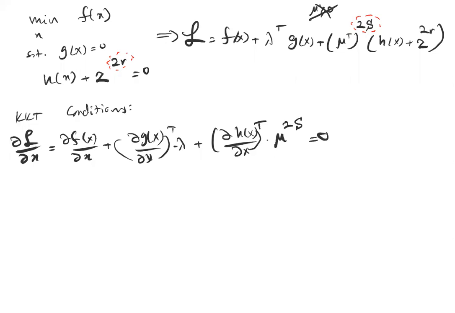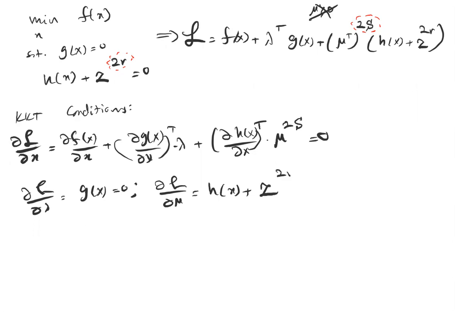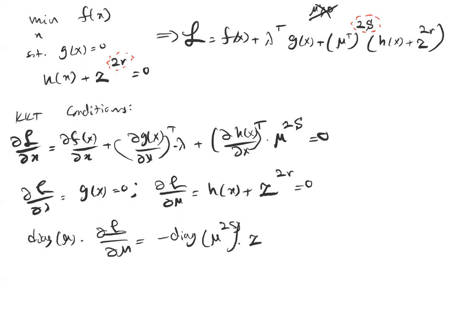Get rid of the positivity constraints for mu. Then, with respect to lambda, which is our equality constraint, with respect to mu, we have h of x plus z to power 2r equals 0, and then diagonal mu multiplied by the derivative with respect to mu. This time, again, this is going to be simplified to diagonal mu to power 2s multiplied by z to power 2r, going to be 0.